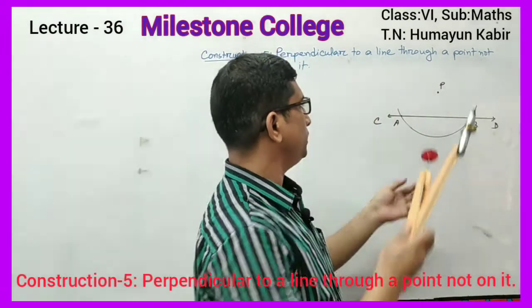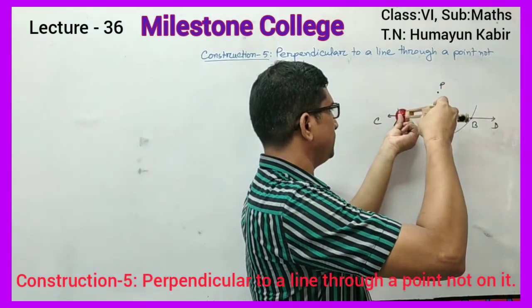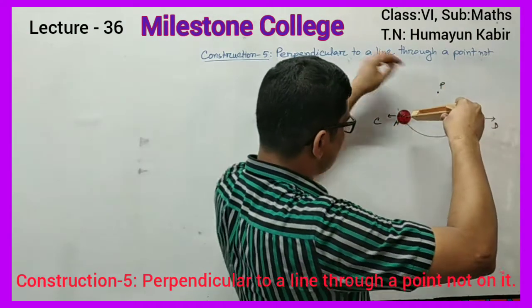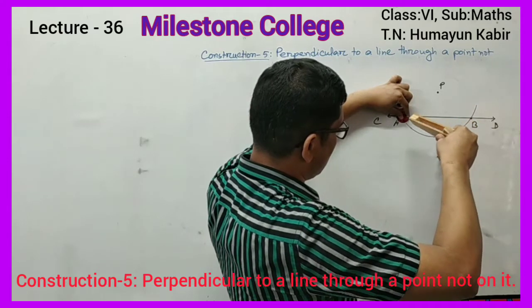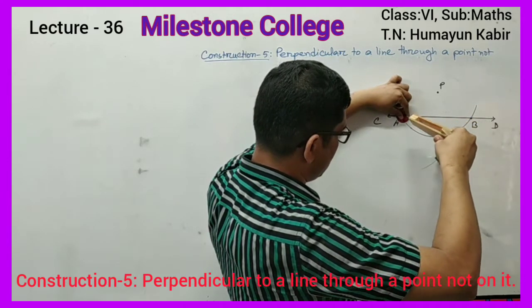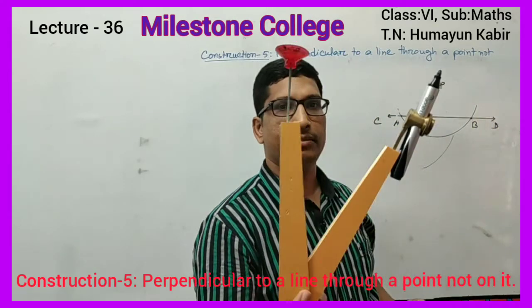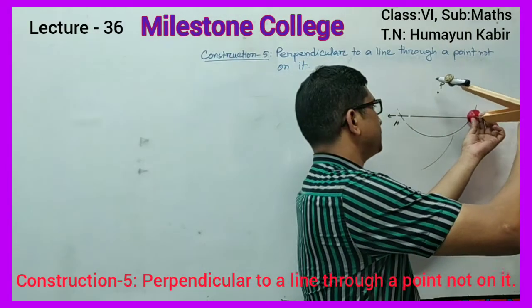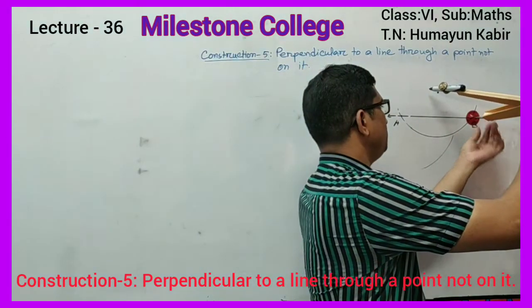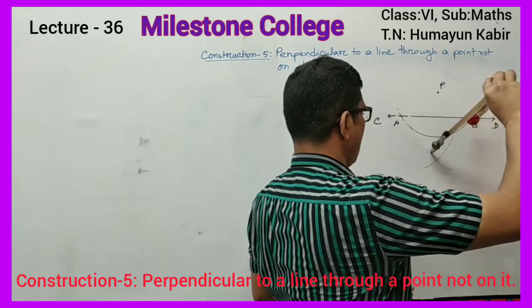Then with A as a center, we draw one arc like this way. Okay, after that, taking the same radius with B as a center, we draw another arc.